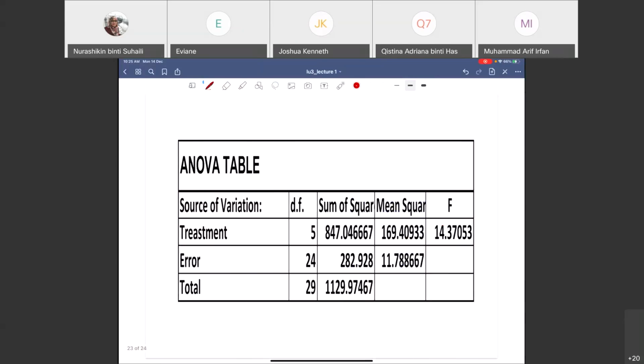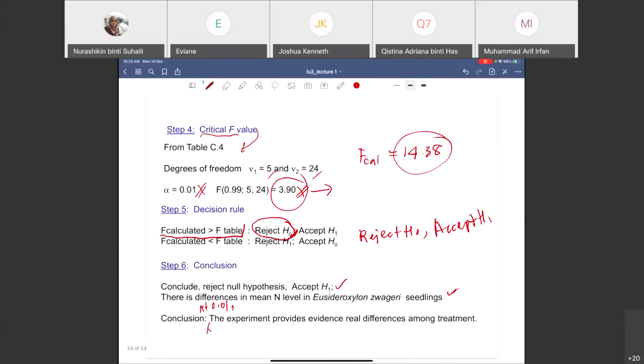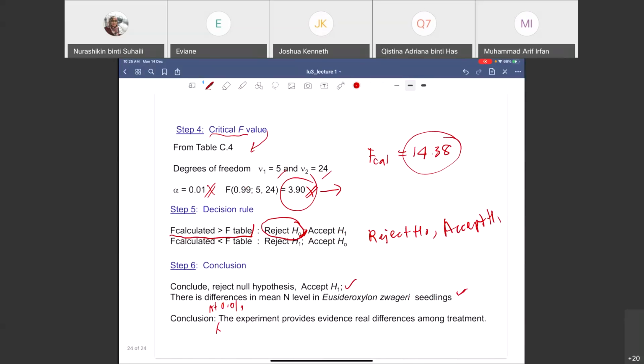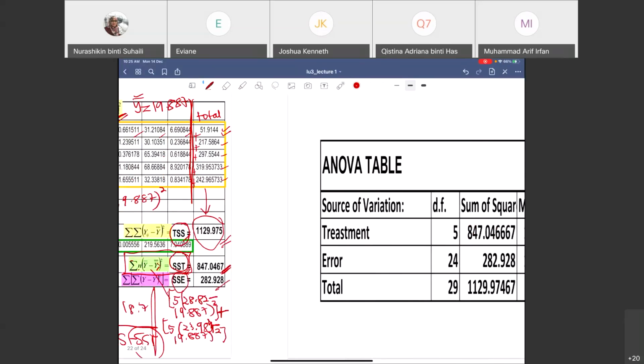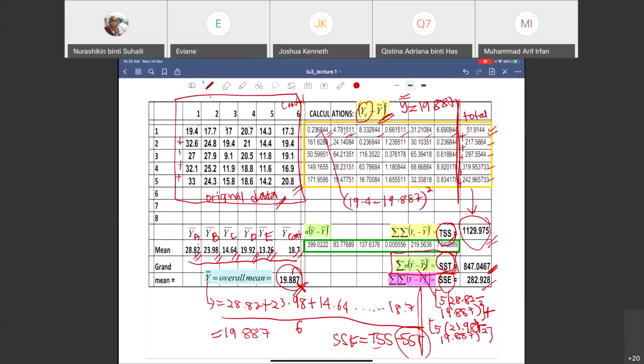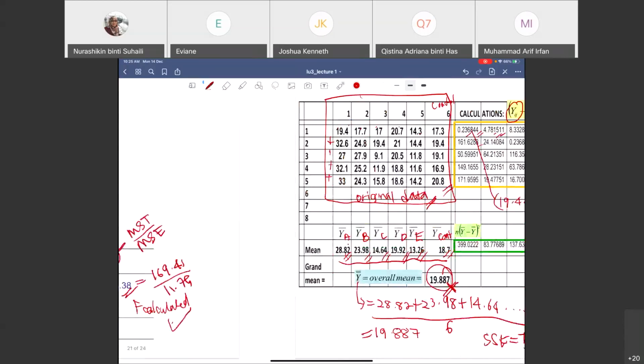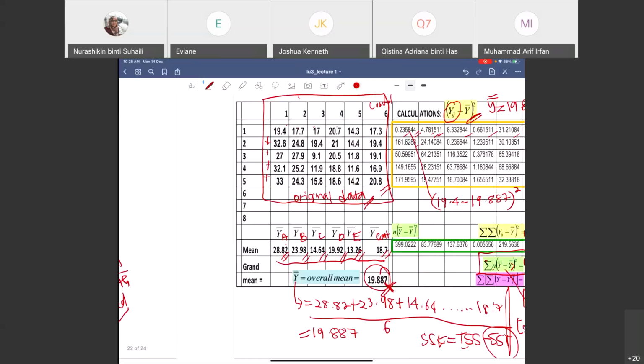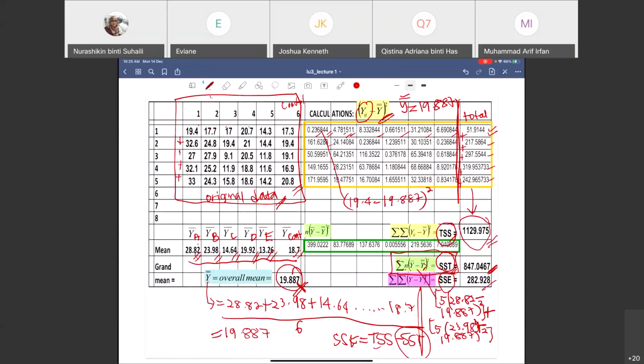So that's basically what today's lecture is all about. I know it's a bit tricky, but once you practice a lot, then you will know what to do next and next. This part is for you to solve SST and SSE.